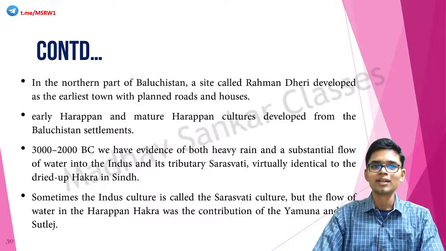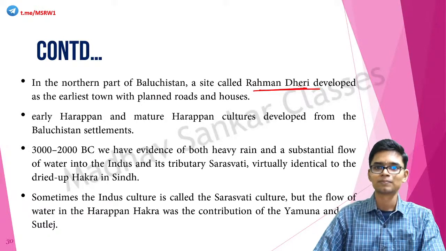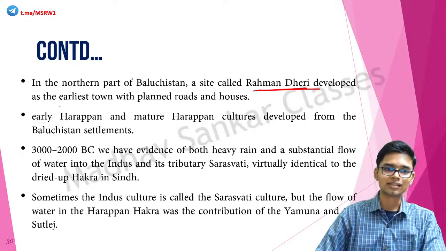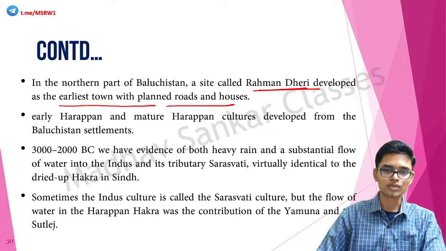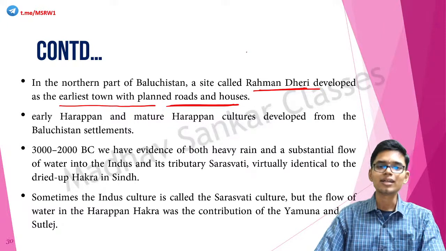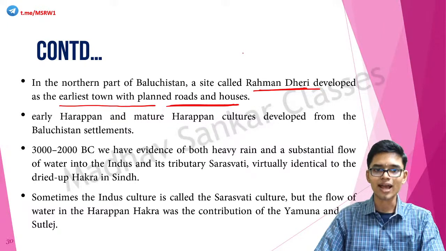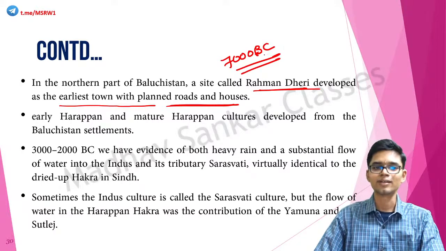In the northern part of Balochistan, in a site called Rahman Deri, developed the earliest town with planned roads and houses. So this is about the origin. Rahman Deri is probably the earliest town which had planned roads and houses. This is around 7000 BC, a predecessor of the Indus Valley.